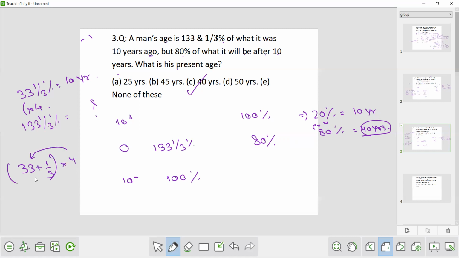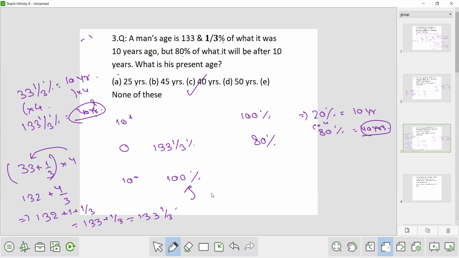So 33 into 4 is 132. 1 by 3 into 4 means 4 by 3, so you write 132 plus 1 plus 1 by 3. So it's 133 plus 1 by 3, that is 133 whole 1 by 3. So it's 4 times, so it will also be 4 times 10, 40 years is the answer. Either you use this condition or this condition, you will get the same option.